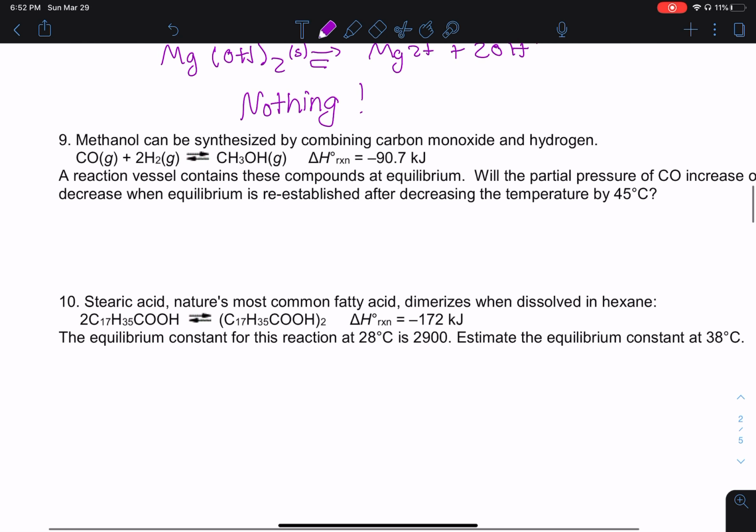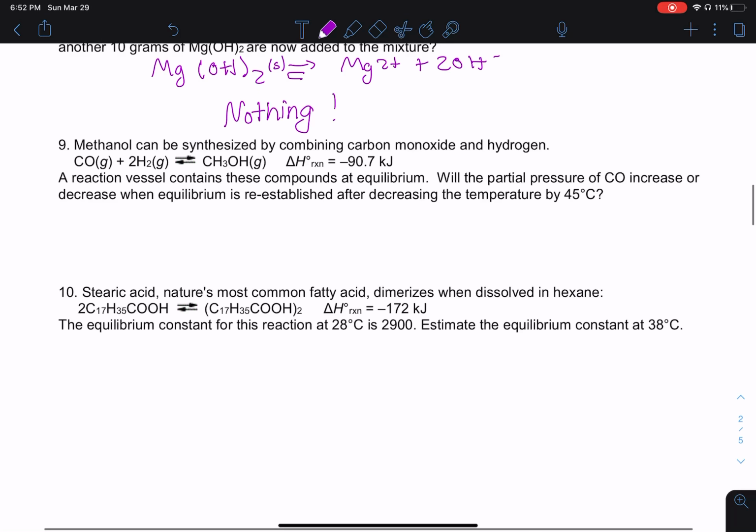Okay, moving on. Methanol can be synthesized by combining carbon monoxide and hydrogen. So it gives us a reaction. It's saying a reaction vessel contains these compounds at equilibrium. Will the partial pressure of CO increase or decrease when equilibrium is reestablished after decreasing the temperature by 45 degrees?